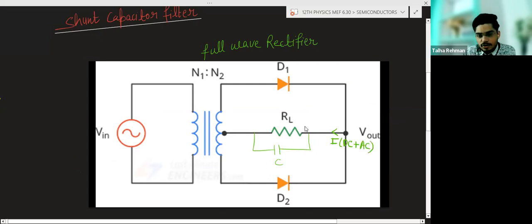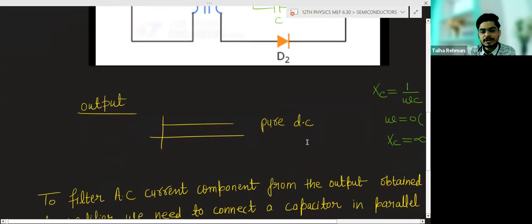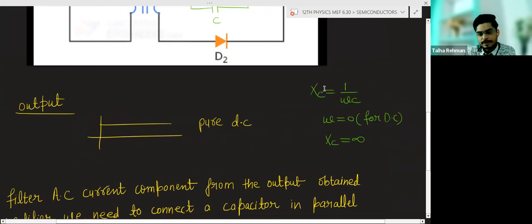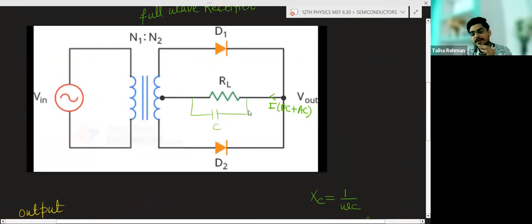Now we know that in case of the capacitor, the capacitive reactance is equal to 1 upon omega C, but the frequency of DC is equal to 0. So the capacitive reactance will become infinite for DC. It means the capacitor will block DC.